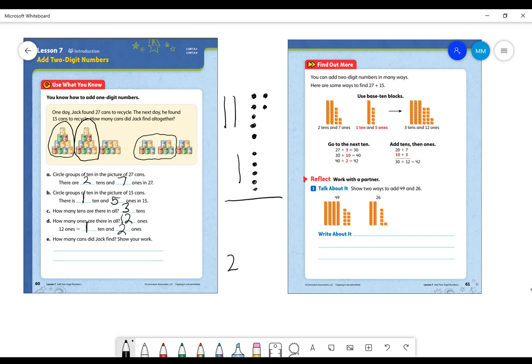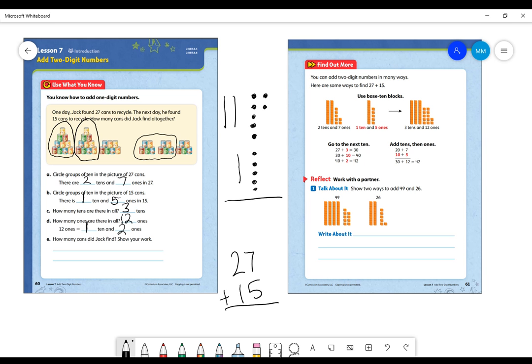Now you could show this in a different way too. You could do 27 plus 15. You could line up your 2 digits and separate them that way. That works. But I'm going to draw a picture so I can see what this looks like. So I have 27 plus 15. All right, so I always start in my ones place. I am already seeing that I have more than 10 in the ones place.